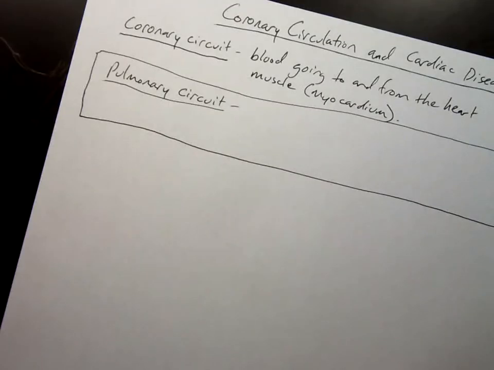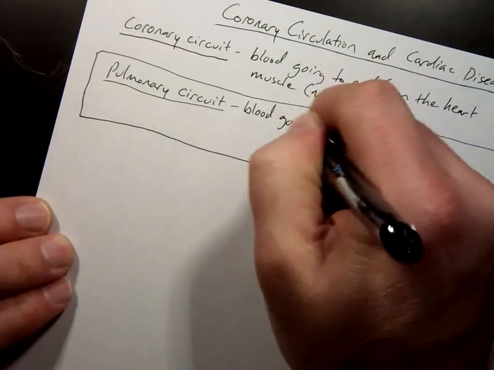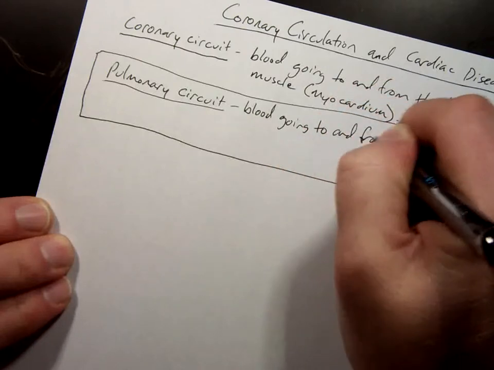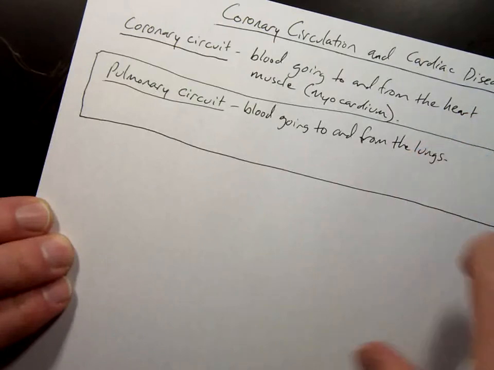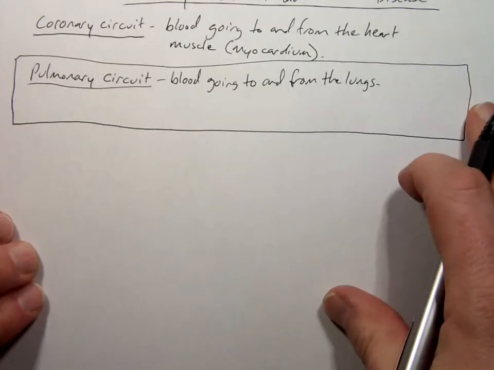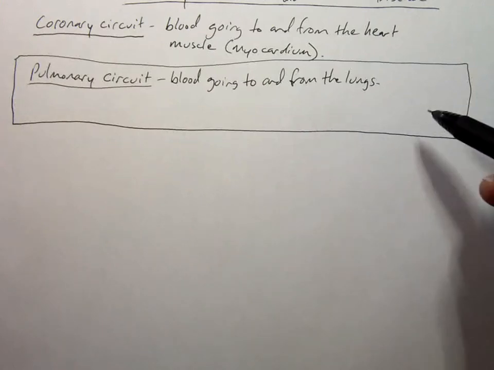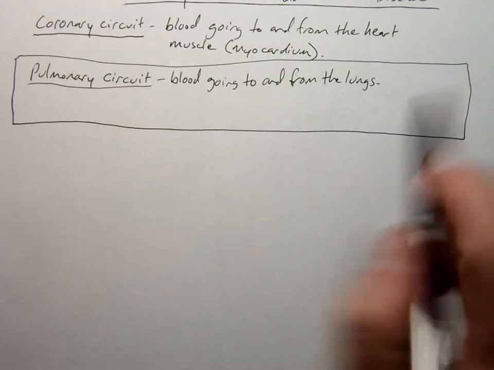What does pulmonary mean? That's coronary's heart. Lungs, yes. It's blood going to and from the lungs. And the goal of this circuit is not to supply blood to the lungs.